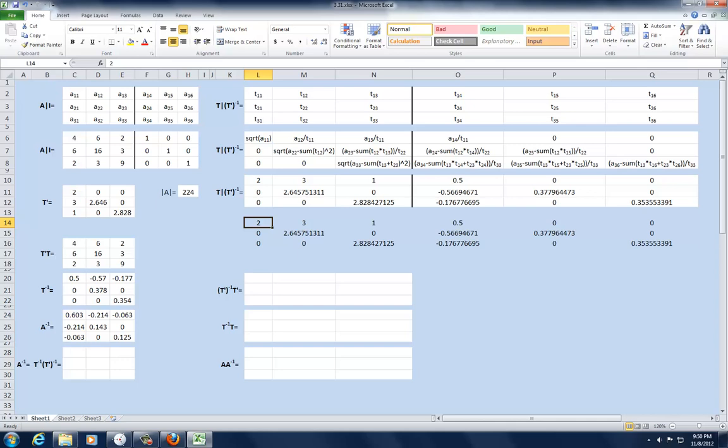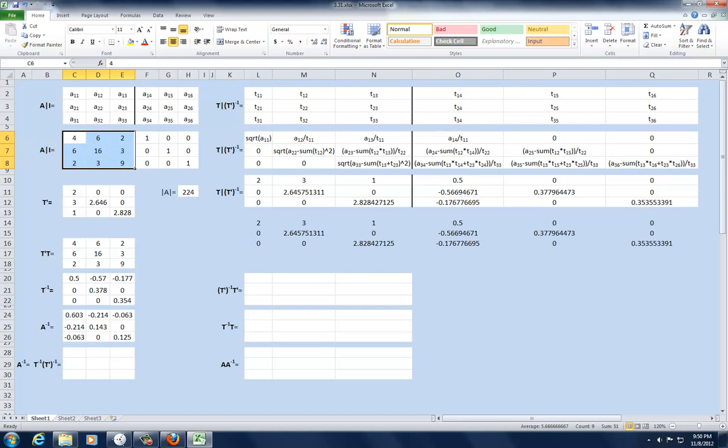I also did some other things. I just took the transpose of T, which we'll use, the determinant of matrix A, which we previously found to be 224. I went ahead and did matrix multiplication to show that transpose of T times T is in fact A. As you notice, these are the same.